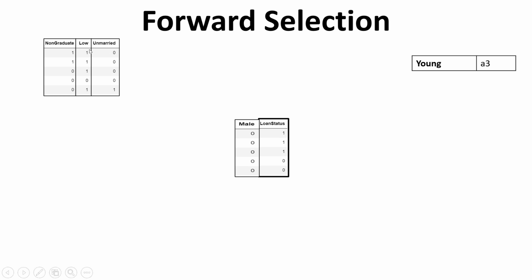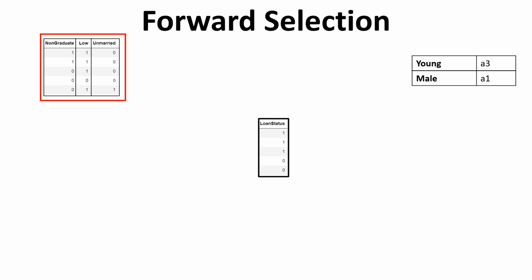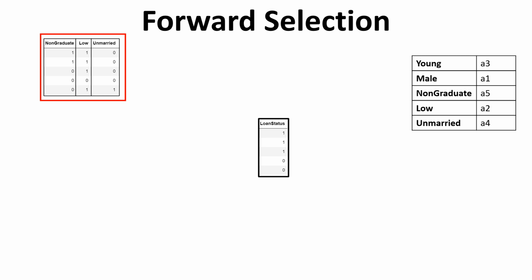Now over here you see we are left with the male. We are going to train our model with this particular feature and take note of accuracy, which is A1. We're going to repeat the same thing with all the remaining features one by one and take note of the accuracy for each of the training.